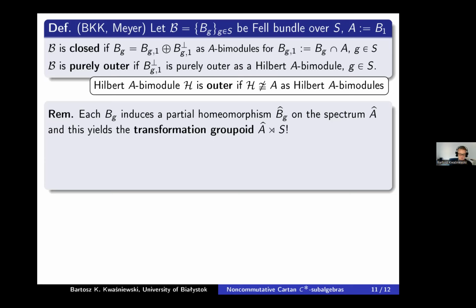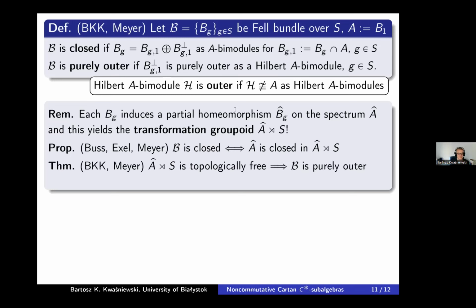We can construct the transformation groupoid, and then this action is closed in the sense that there is a conditional expectation if and only if this set, which is open because this is an étale groupoid, is closed. So this explains the name. Why is it closed? Because of this.